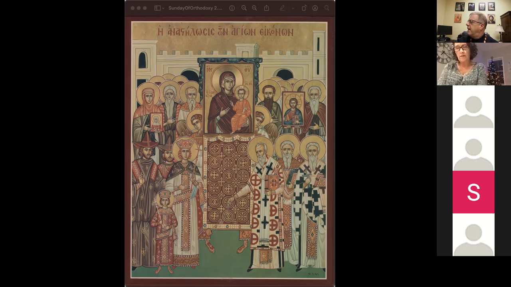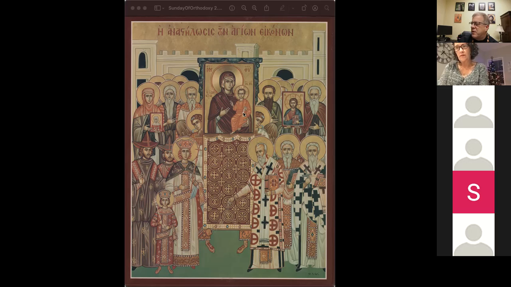Okay, so let's take a look at who we have here. If you look here in the top left, this is Saint Theodosia. Next to her is the Venerable Iconios. No, sorry, Theodore the Student.